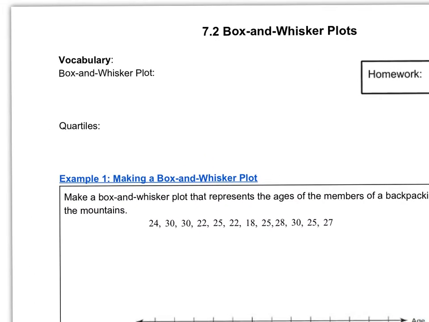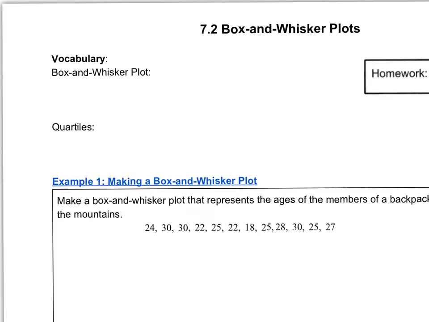The first vocabulary word says box and whisker plot. A box and whisker plot shows the variability of a data set along a number line using greatest values, least values, and quartiles. So let's write that definition down.